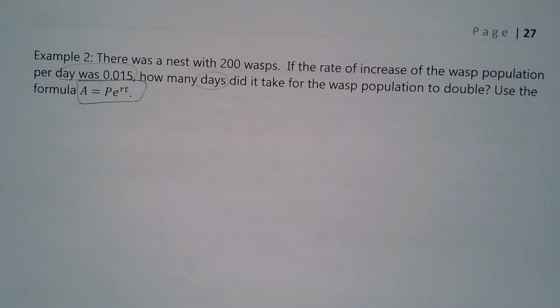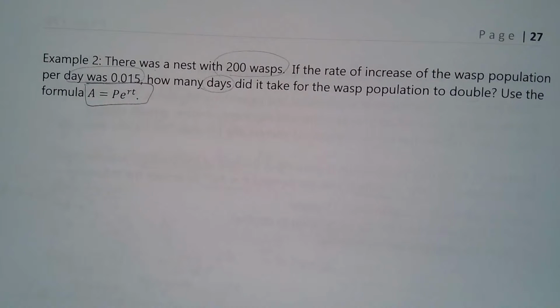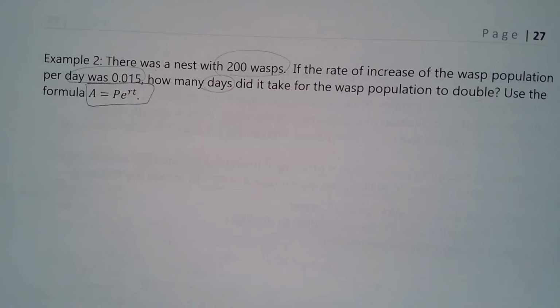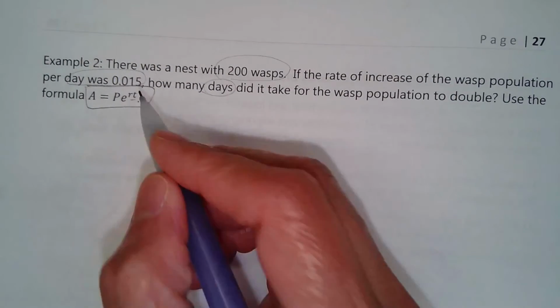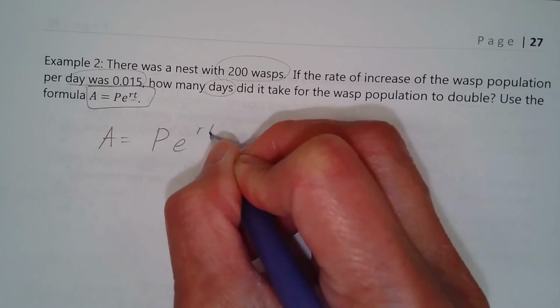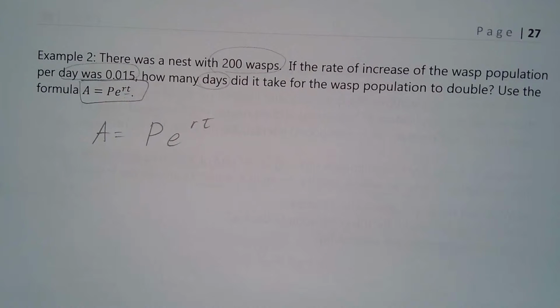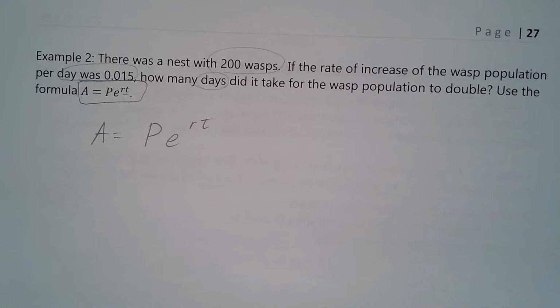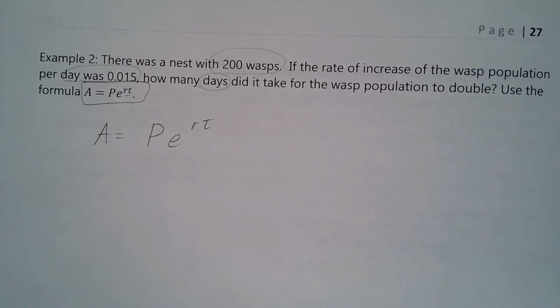So here we go. There was a nest of 200 wasps. So what are we looking for? How many days? So we're looking for t, time, right? So A equals Pe^(rt). How many days for the population to double? So to double, it means to make it twice as many.